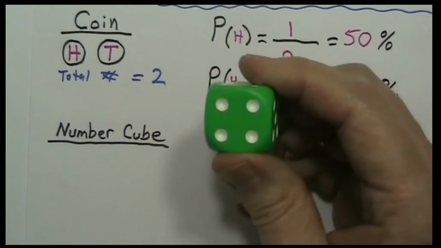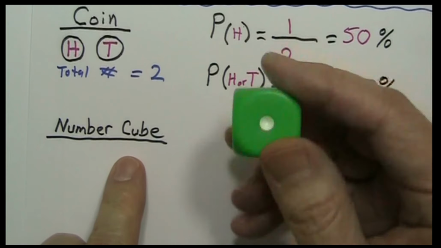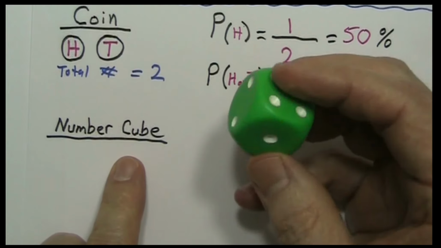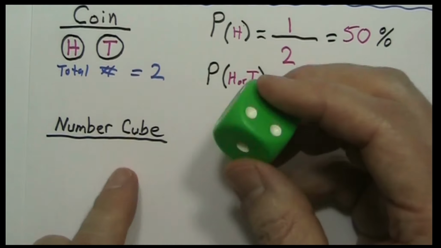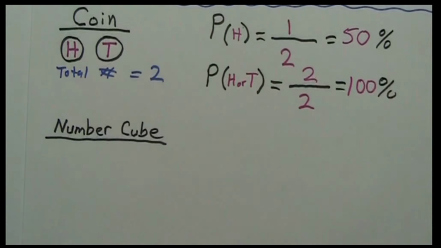Next, let's go over number cube. Well, a number cube, that's just a mathematical term. Really, we're talking about a die. Dice is plural, like mouse, mice. So this is actually a die or a number cube. I just find it weird to call it a die. But notice there are 6 sides to it.